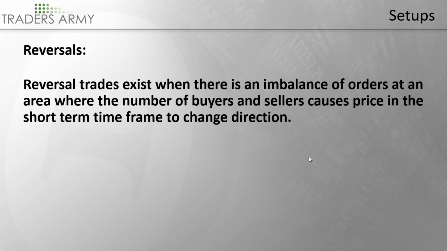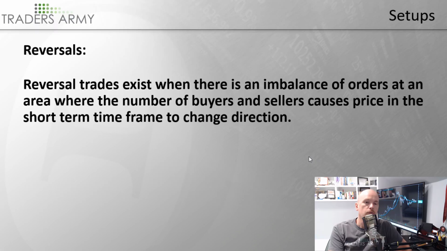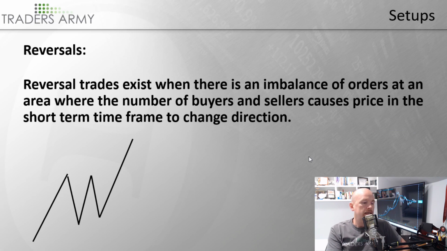So when I'm looking at a reversal, it might look something more like this. We have price that is going in one direction, right? Maybe price is going down. What is going to cause it to reverse direction and then head back up?